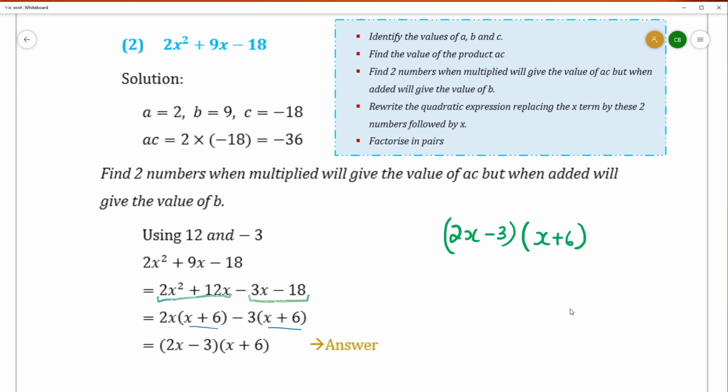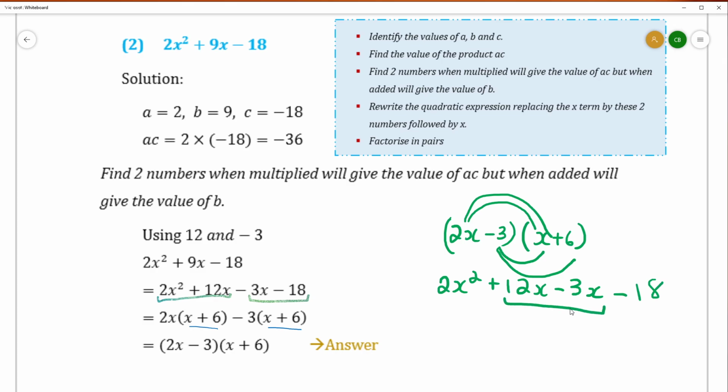If I expand the brackets, 2x multiplied by x will give us 2x squared. 2x multiplied by 6 will give me 12x, minus 3 by x is minus 3x, and minus 3 by 6 gives minus 18. Simplifying the middle part, we have 2x squared plus 9x minus 18. Once we get back the same expression that we started off with at the beginning of the question, then we know that our factors are correct.